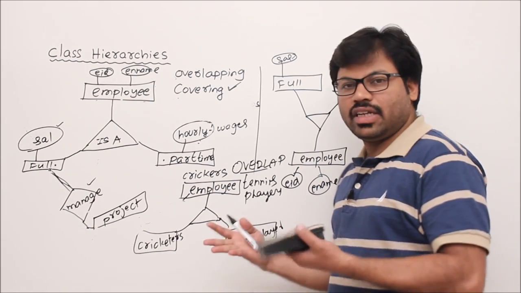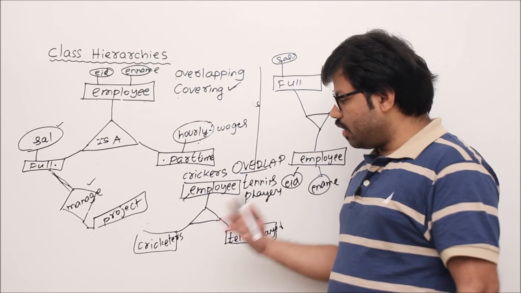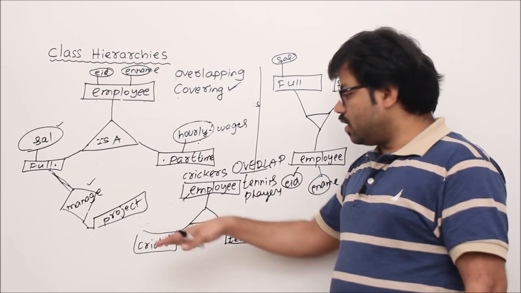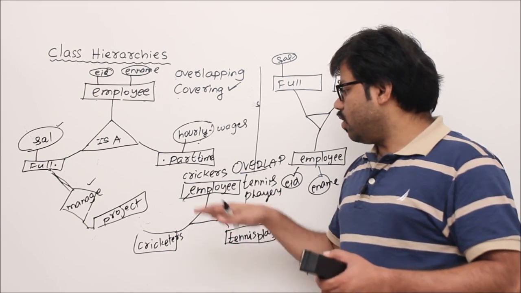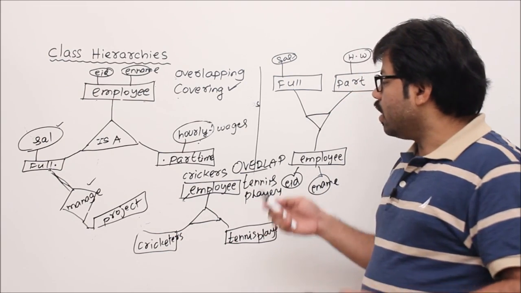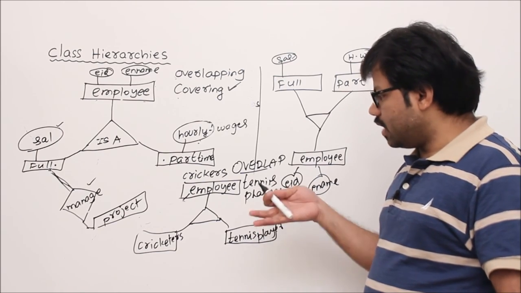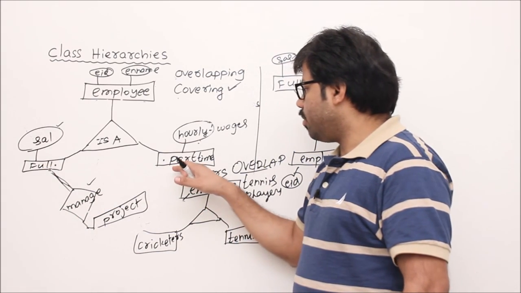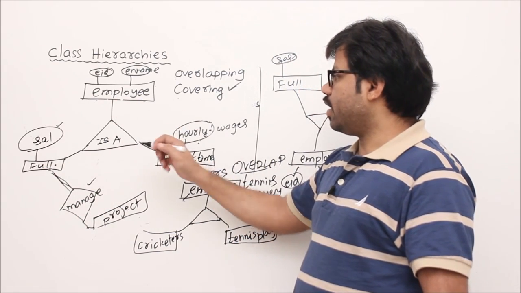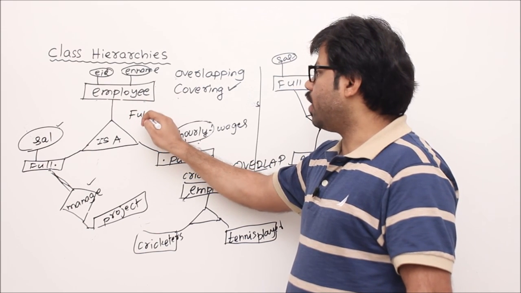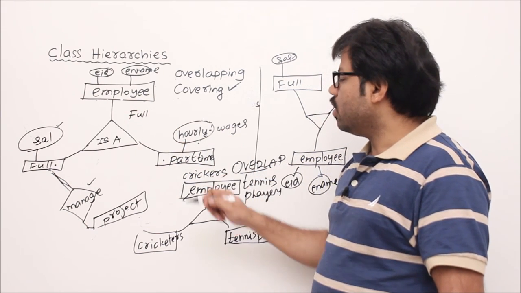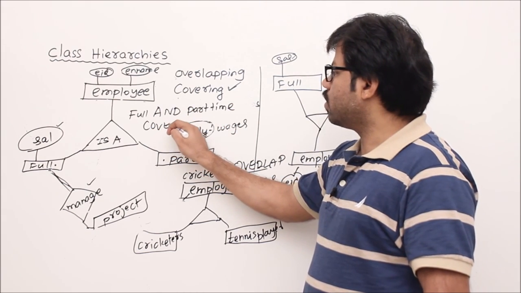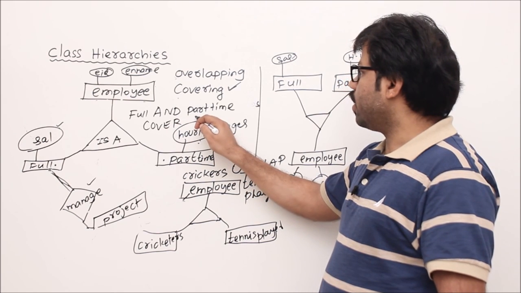That means if you don't mention anything in the ER diagram, we assume that the subclasses don't cover the employees. But if you want to mention that, for example in this one, full-time employees and part-time employees cover employee, this is the syntax: full-time and part-time covers employee.